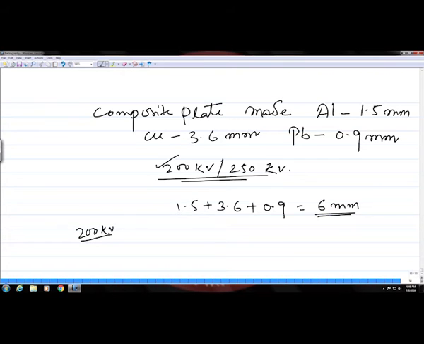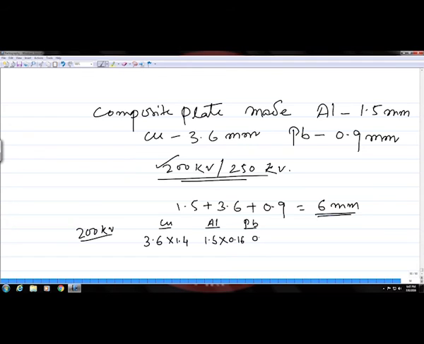So, just now we saw that at 200 kV for copper, aluminum and lead, you convert their individual thicknesses. In this case we have 3.6 mm of copper, and for copper the conversion factor at 200 kV is 1.4. So, that will be the equivalent thickness for copper. For aluminum it is 1.5 mm and the conversion factor at 200 kV is 0.16.